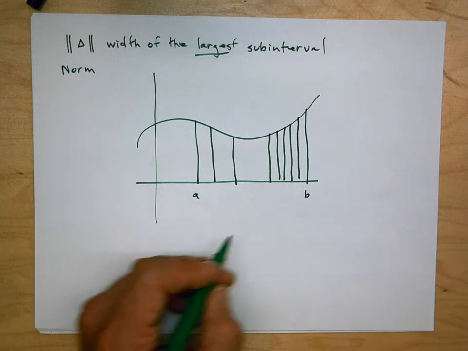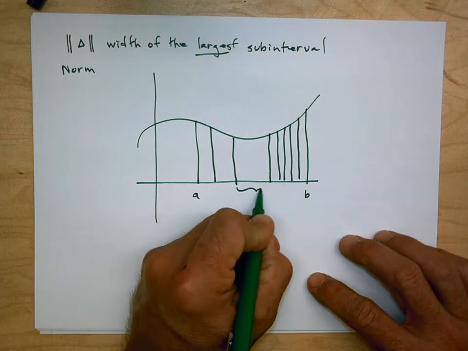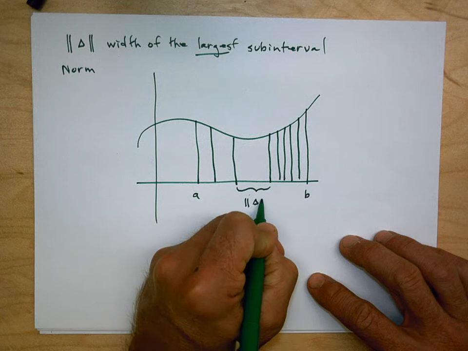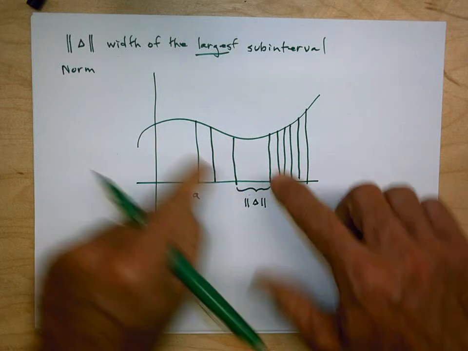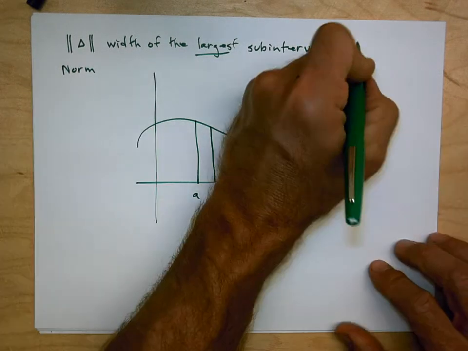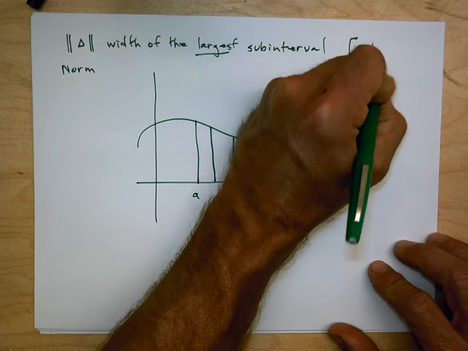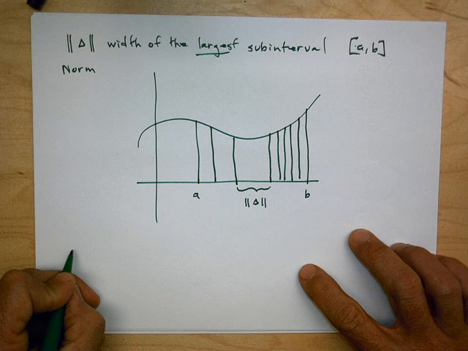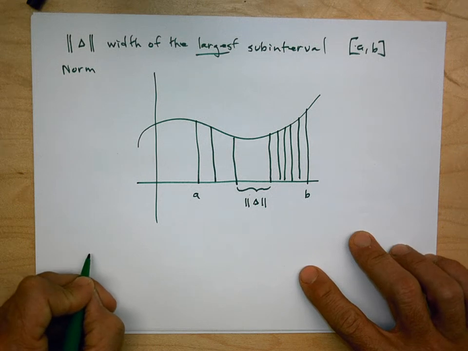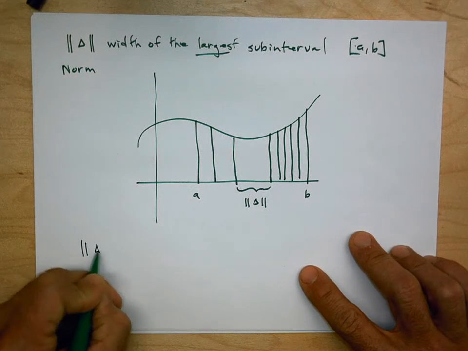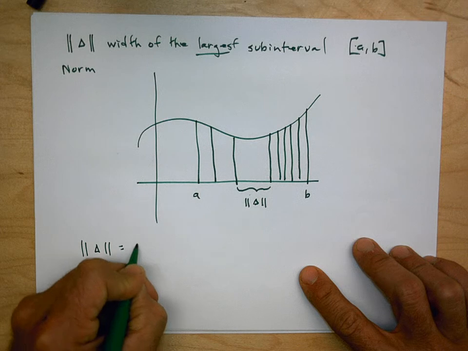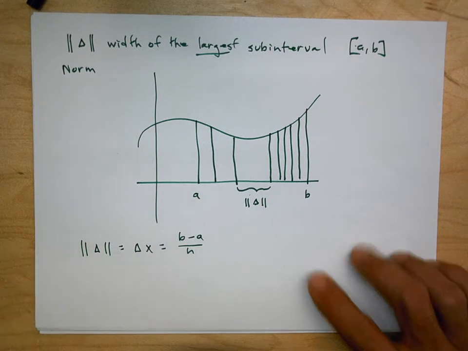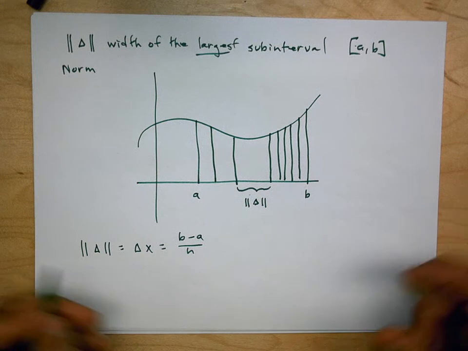So this width right here would be my norm, because that is the width of the largest subinterval on the interval AB. Before, when we had them all the same, this norm was just equal to delta x or b minus a over n, since they all had the same width, so any one of them was the largest.